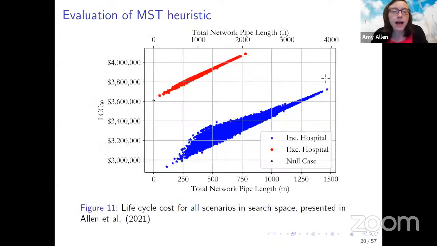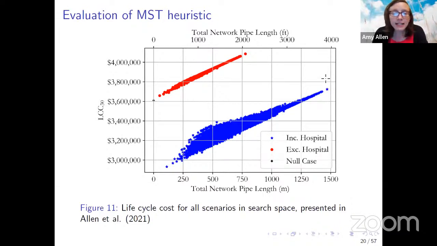And this plot summarizes results from this exhaustive search, which considered over 30,000 potential network configurations for the prototypical district, and plots each solution in terms of the associated network length and the associated life cycle cost, with the null case shown with a black cross.